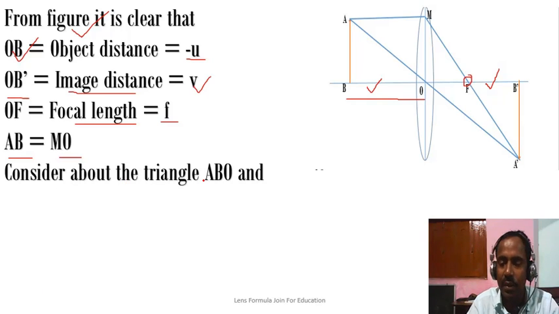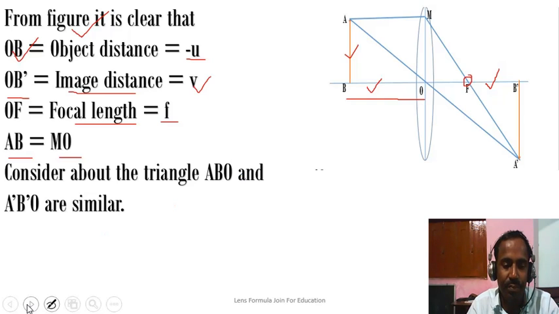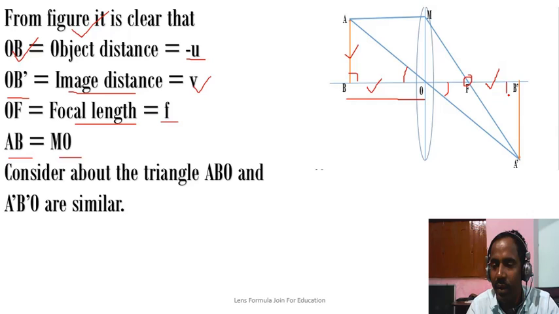Consider the triangle ABO and A dash B dash O. These two triangles are similar triangles. Vertically opposite angles are equal. This is a right angle, this is a right angle, this is the remaining angle and this is the remaining angle.